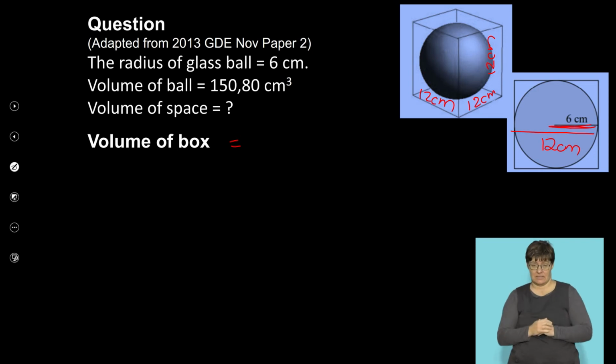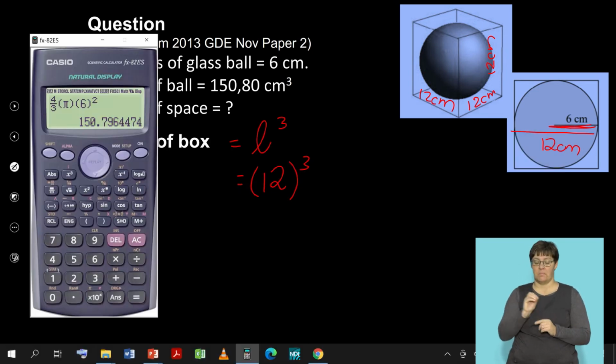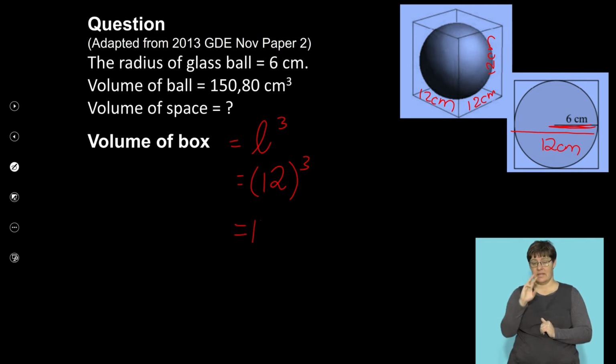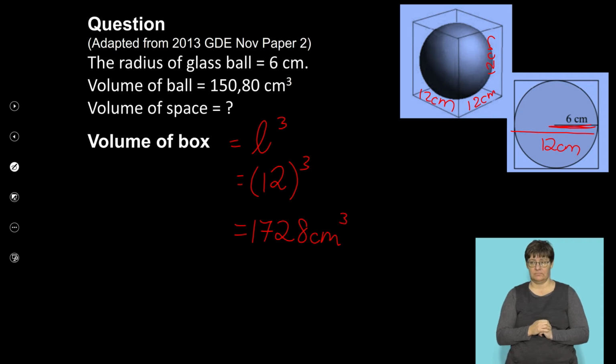But as it is a cube, each of these lengths is actually the same. So the volume of a cube is length cubed. And then if I substitute in 12, it's going to be 12 cubed. So we're going to find that in our calculator. So 12 to the power of 3 is going to give me 1,728. So I'm going to carry this across so that I can actually determine how much of the box is empty.